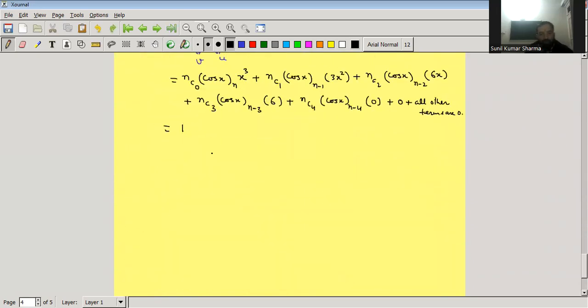So we can write the n-th derivative of cos x is cos(n pi by 2 plus x) into x cube.